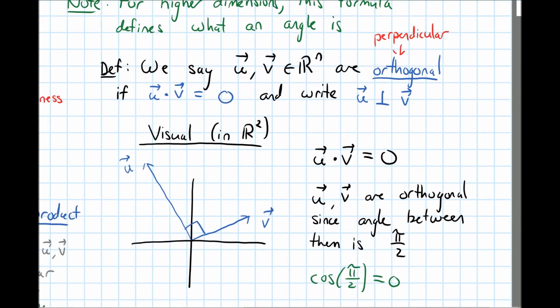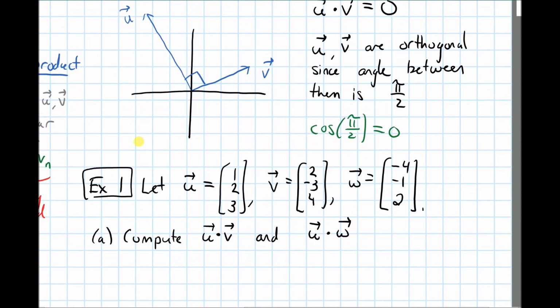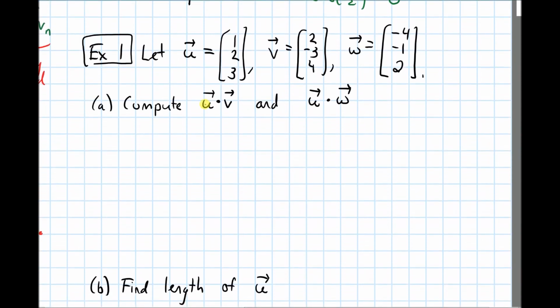Okay, so now let's do an example. Let u, v, and w be the following three vectors. Let's practice computing some dot products first. Let's compute u dotted with v, and then u dotted with w. First, let's do u dotted with v.